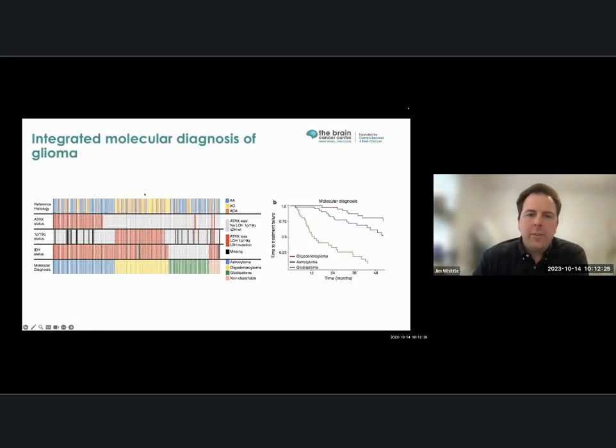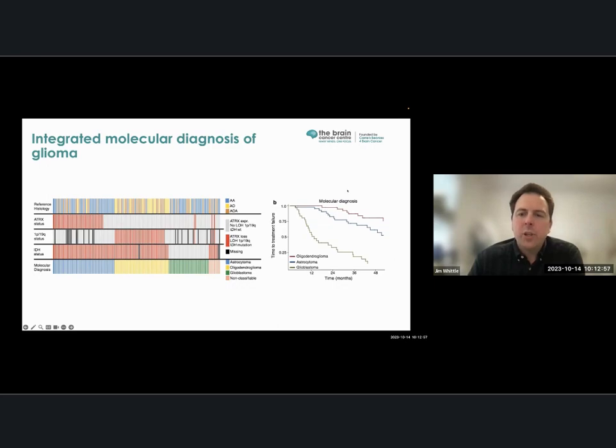So by way of introduction, this reference histology in the top panel here uses the old classification system: anaplastic astrocytoma, anaplastic oligodendroglioma, anaplastic astrocytomas. And through the addition of 3 markers, ATRX, 1p19q co-deletion, and IDH mutation status, we can refine the molecular diagnosis into 4 broad categories.